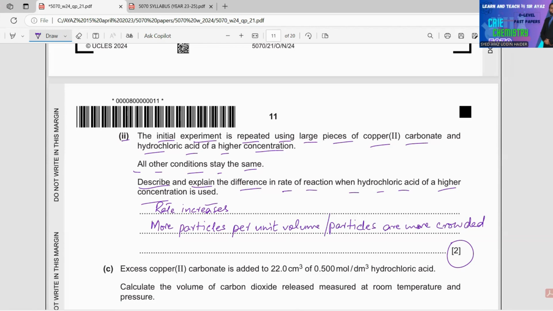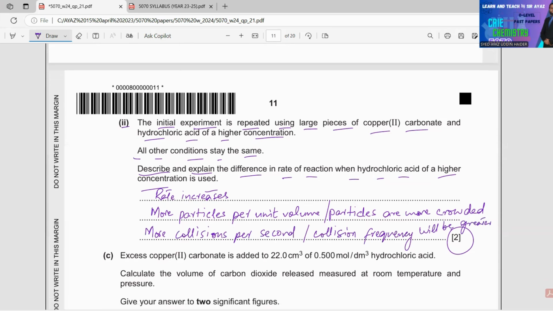There will be more collisions per second or the collision frequency will be greater. You can write one of these statements.